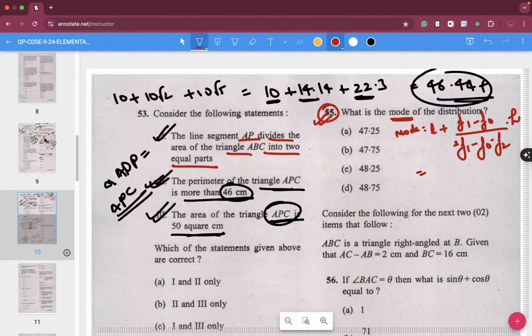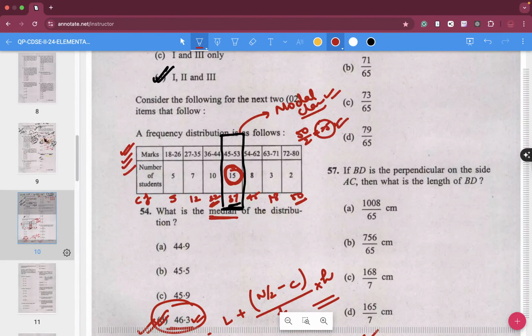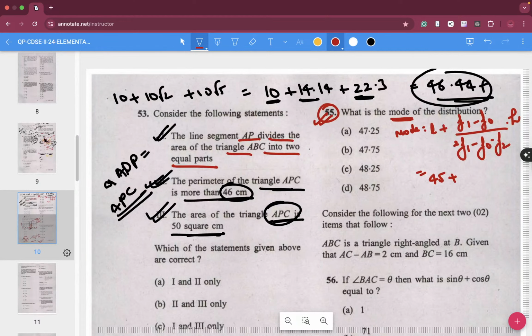Now what is the lower limit of the modal class? The lower limit of the modal class is 45, plus f1, the frequency of the modal class, which is 15.